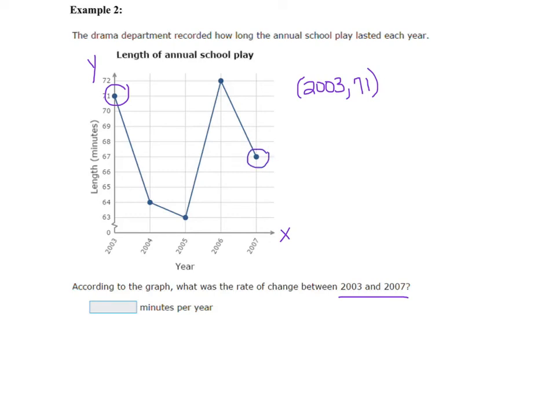So our second coordinate is 2007, and it's going to be 67 minutes. Again, we're going to use our slope formula, our rate of change, which is y2 minus y1 over x2 minus x1.